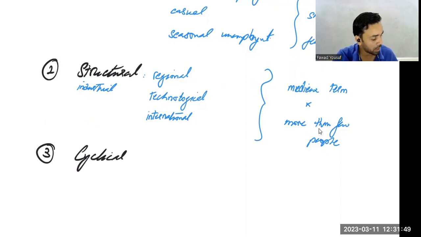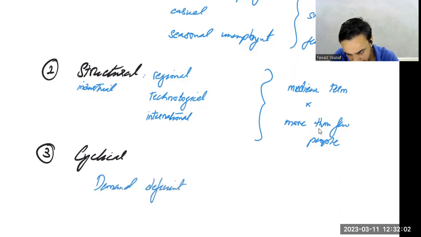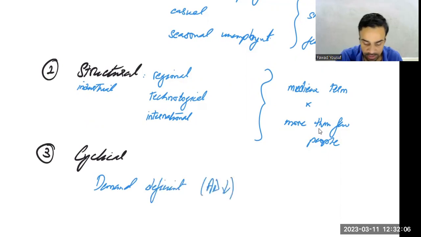But what they fear the most is cyclical. Cyclical is also known as demand deficient. Basically, in this one, the entire aggregate demand curve is falling down, very recessionary. It's not just going to affect one industry like textile, but it's going to have an effect on all industries.